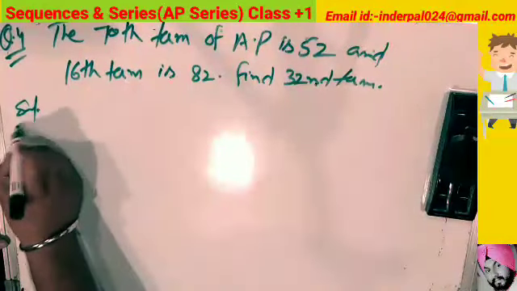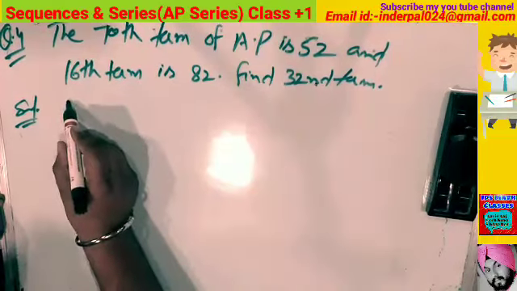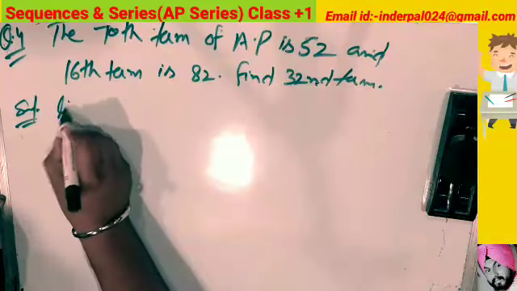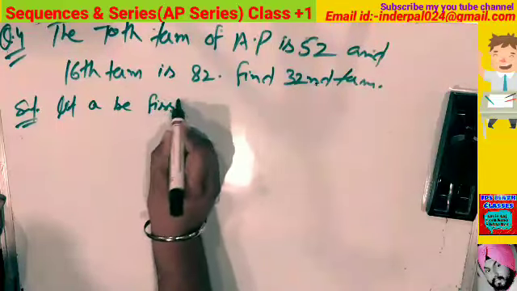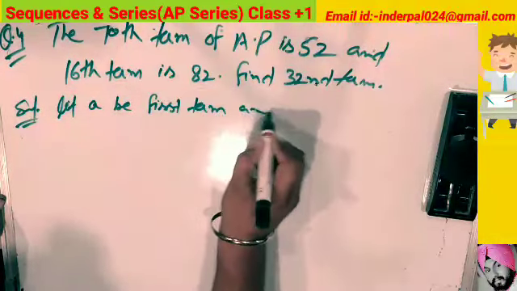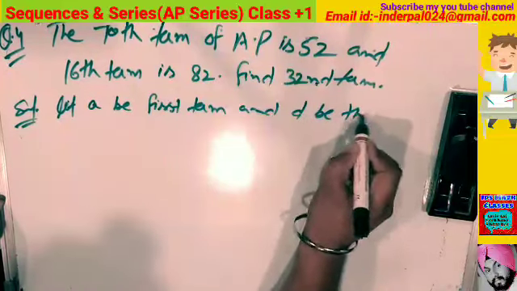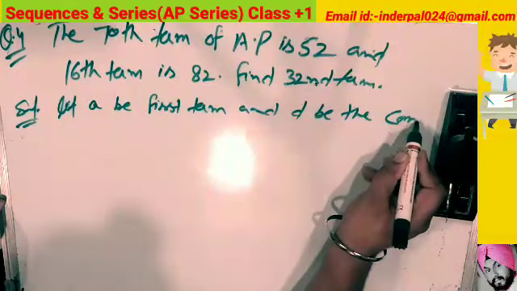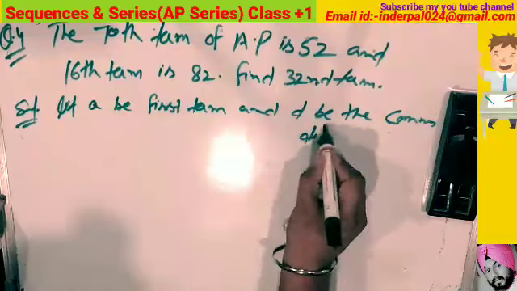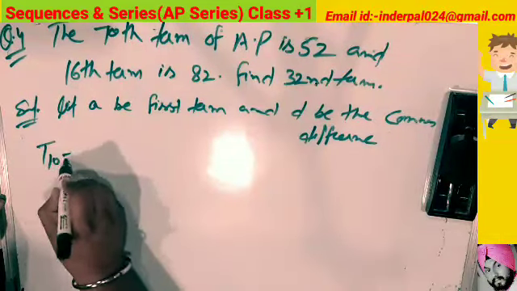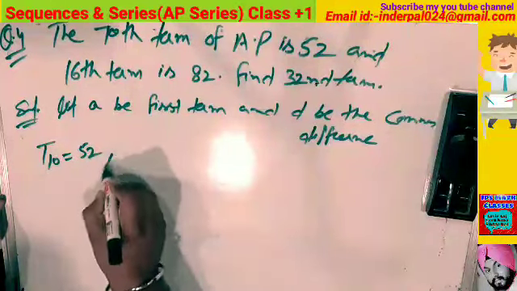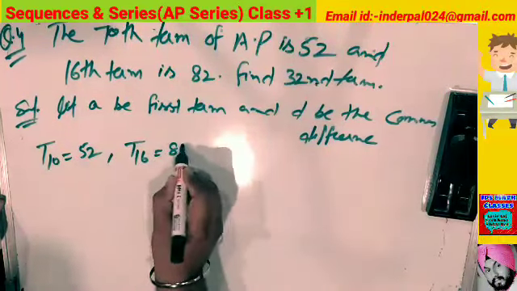First of all, according to the question, let A be the first term and D be the common difference. According to the question, the 10th term is equal to 52 and the 16th term is equal to 82.